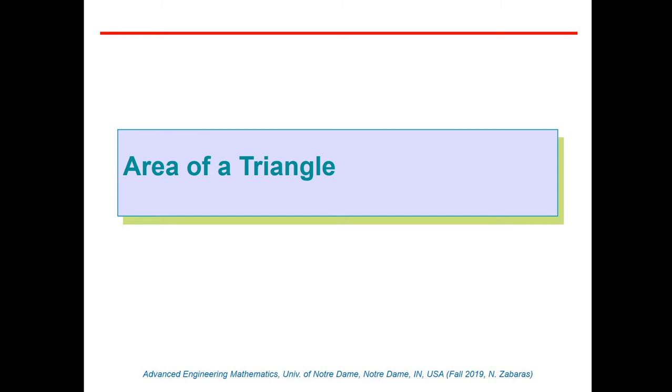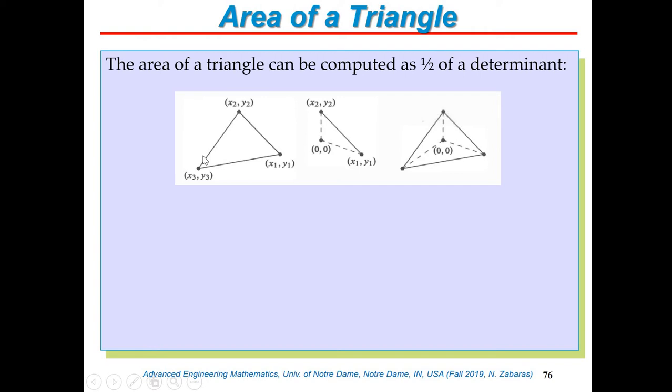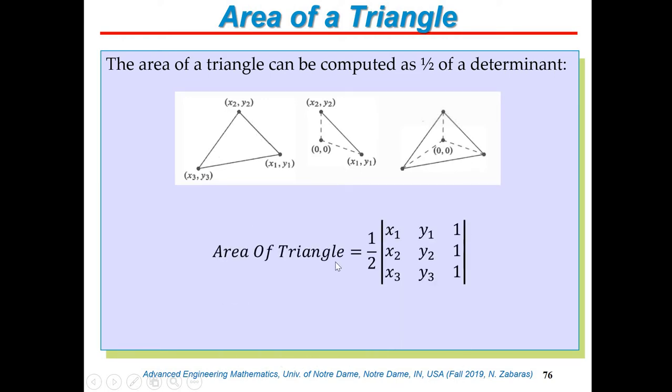So I'm going to start with the area of a triangle. If I have a triangle defined with these three nodes with coordinates x1, y1, x2, y2, x3, y3, you can actually show geometrically that the area of the triangle is the determinant that you see.